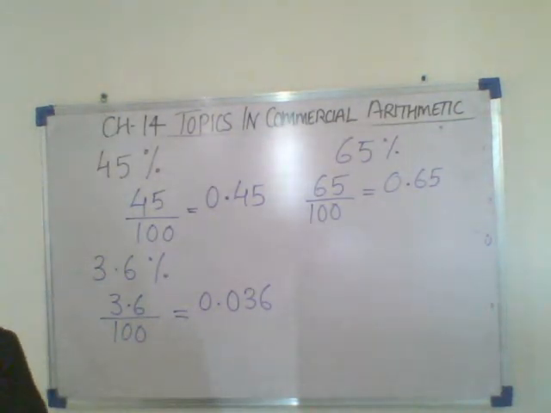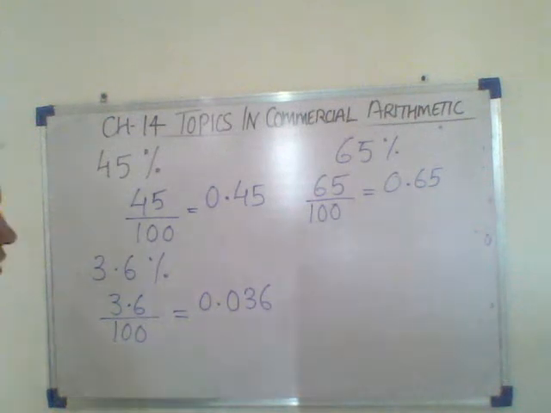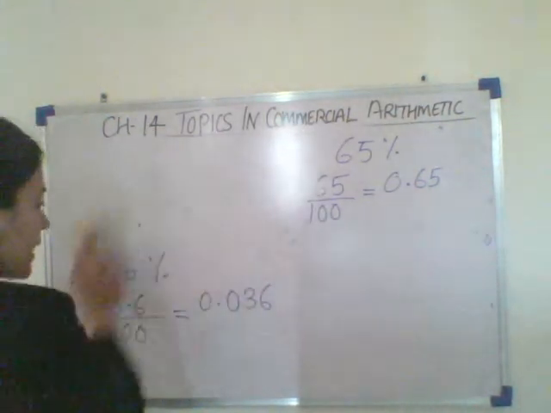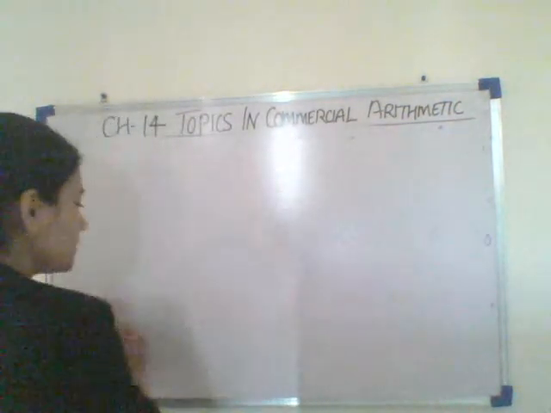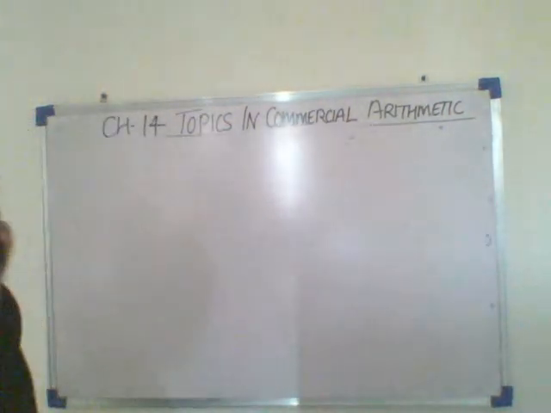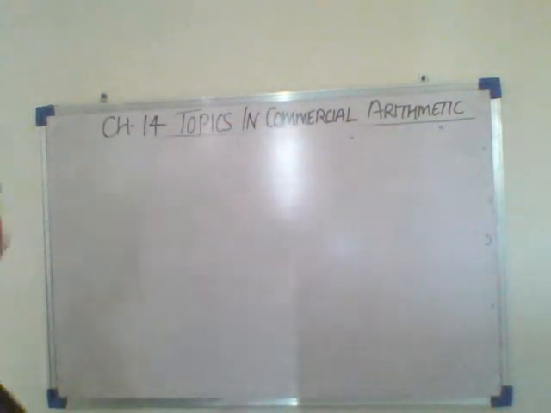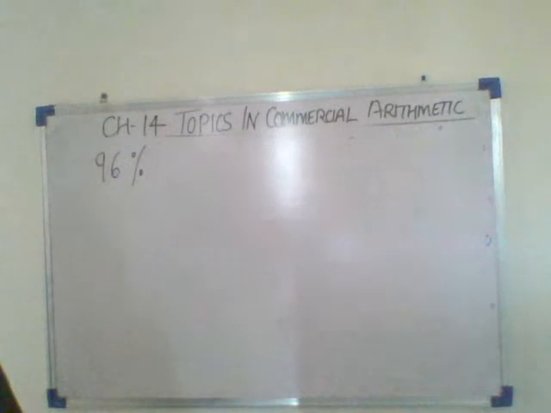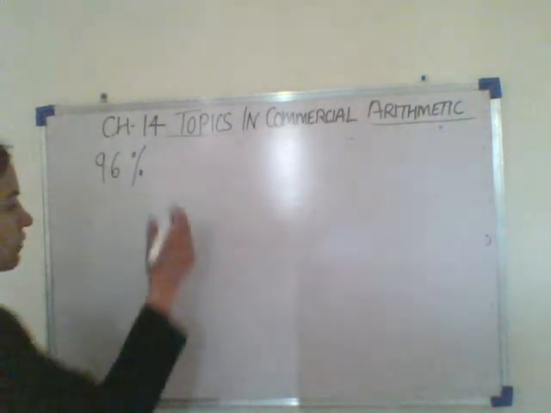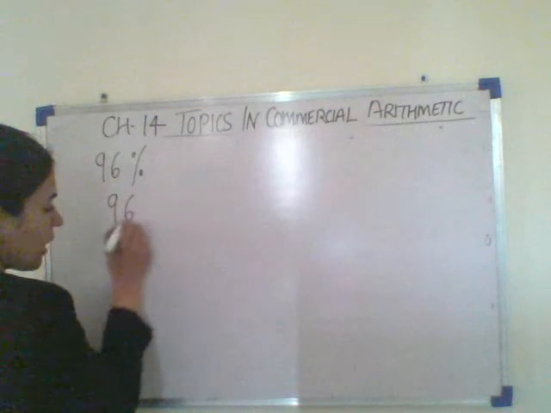Write each percent as a fraction in the simplest form. If I ask you to write each percent as a fraction, you have to write it in its simplest form. Like the first one, 96%. First write the percent as a fraction with denominator 100, and then write the fraction in the simplest form. 96 upon 100.